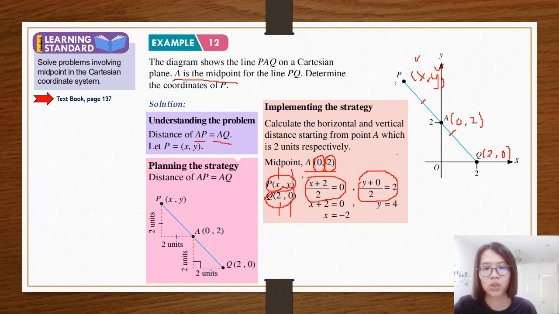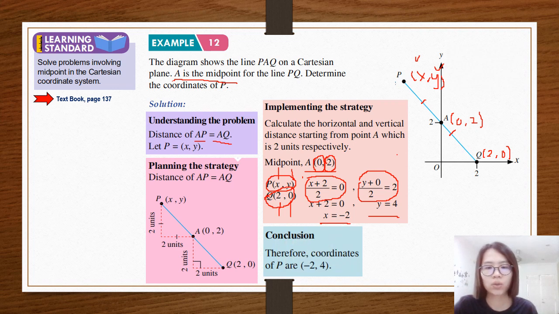So now we search for the value of x and y. At the end, we got the answer where x equals to -2 and y equals to 4. So as a conclusion, the coordinates for point P are -2, 4.